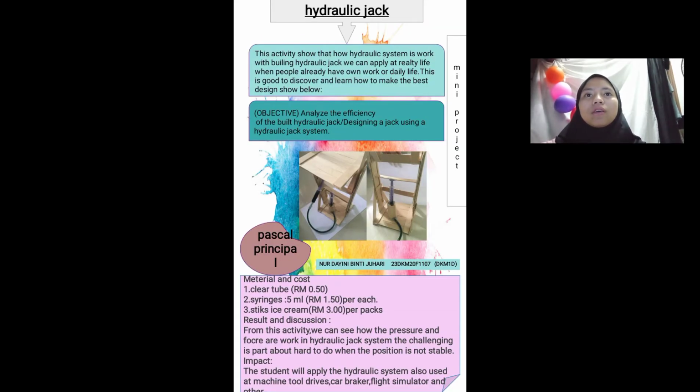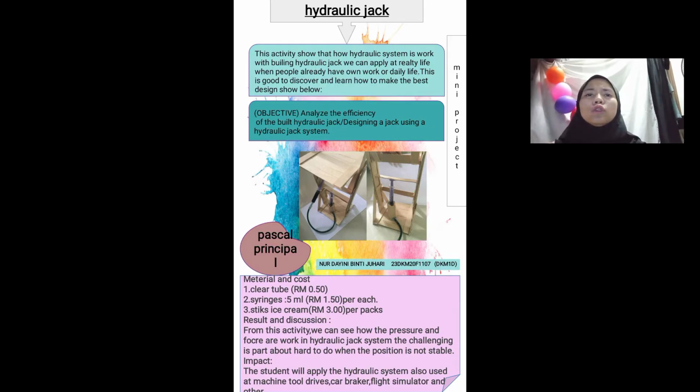Okay, my poster is about hydraulic jack. This activity shows how a hydraulic system works with building a hydraulic jack. We can apply it in real life when people have their own work or daily life.